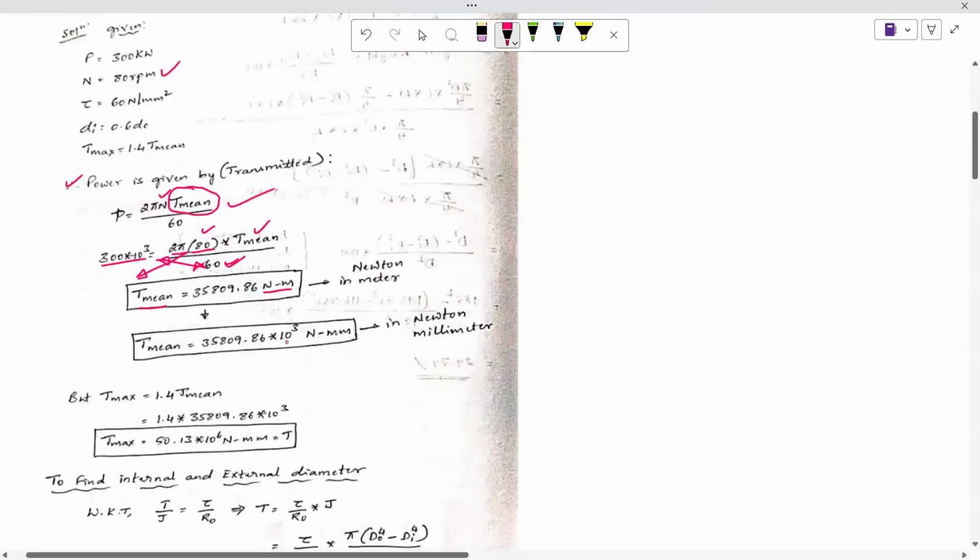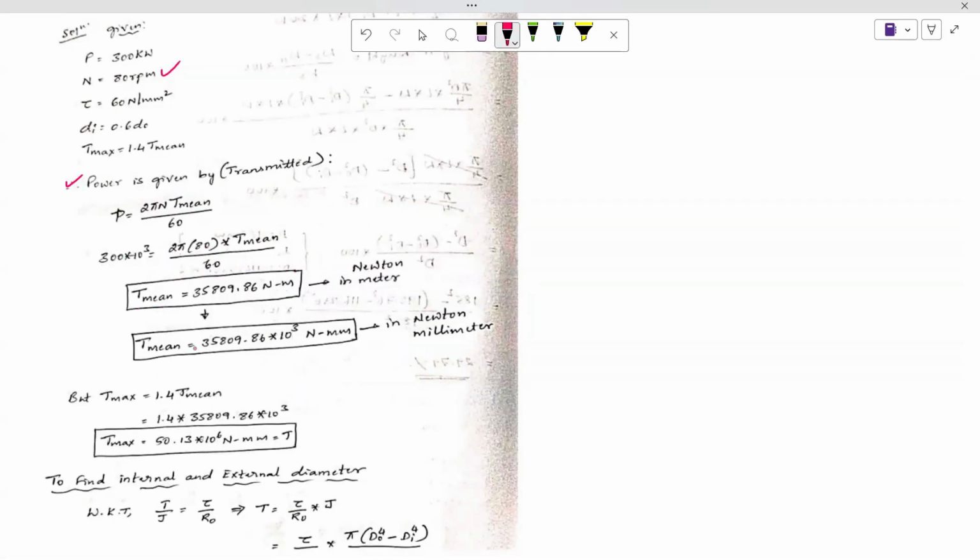Now if you multiply by 10 to the power of 3 and by 10 to the power of minus 3 Newton meter, these will cancel and you will get back the same answer. That's why we are multiplying with 10 to the power of 3. So finally, the mean torque is 35,809.86 into 10 to the power of 3 Newton millimeter.